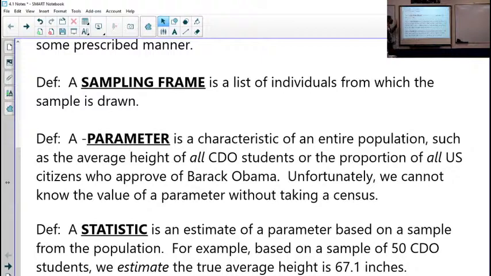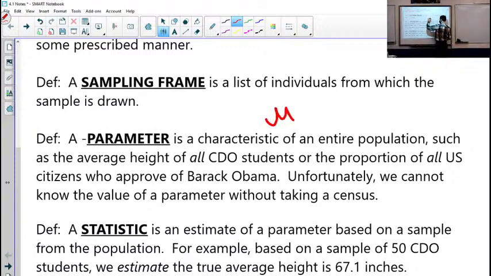And so we can gather data, and when we are talking about the data from the population, that is taking a parameter. And this is where I've talked about notation for mean and standard deviation. And so here's the distinction. When you're talking about the entire population, doing the mean and standard deviation, that's going to be mu for mean and sigma for standard deviation.